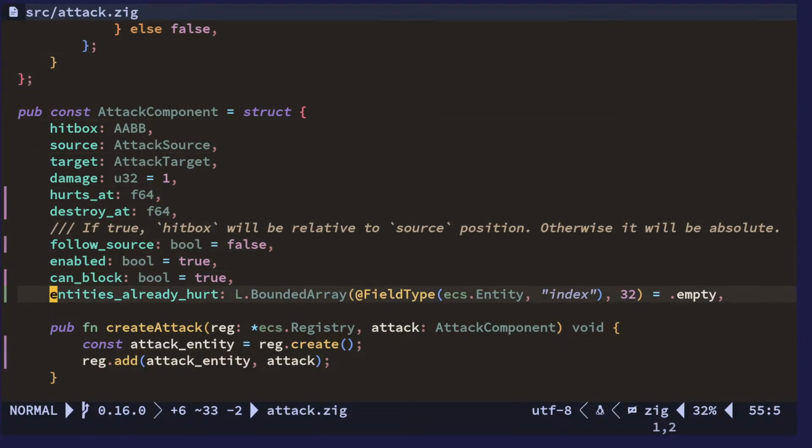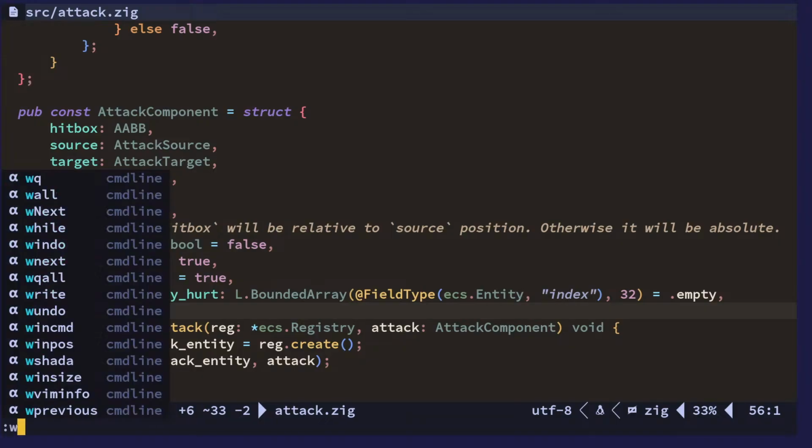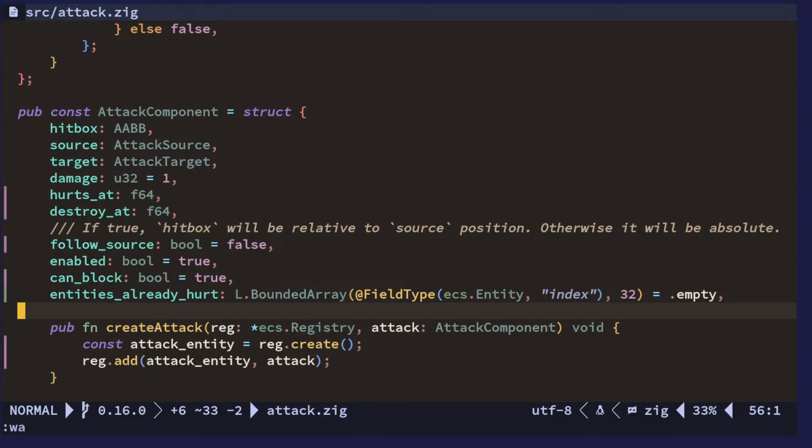Yeah, they have a list of entities that they keep track of, like which entities have I hit, and they can't hit the same entity twice. So that attack is kind of consumed there. Okay, well anyway.